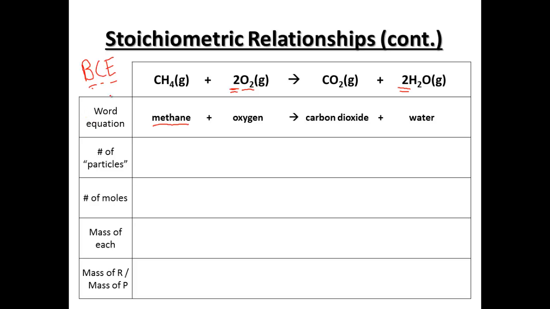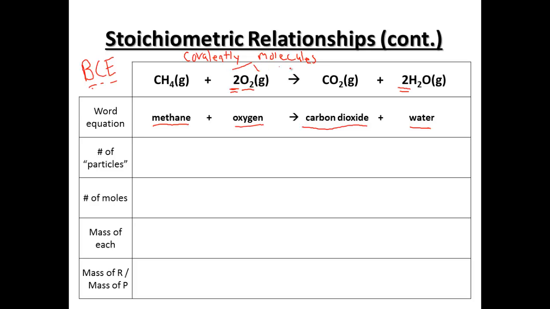Once we're there, our word equation is methane plus oxygen produces carbon dioxide and water. Now our second step, number of particles. All 4 of these are covalently bonded. If they're covalently bonded, they're all molecules.